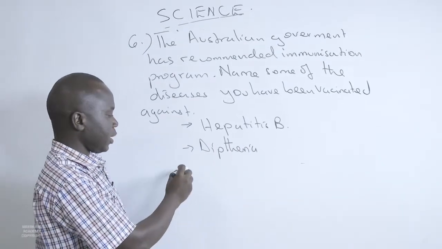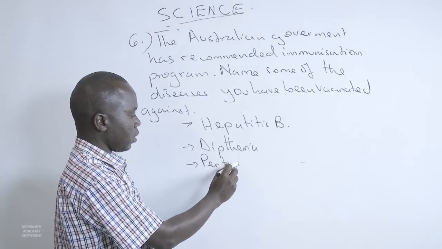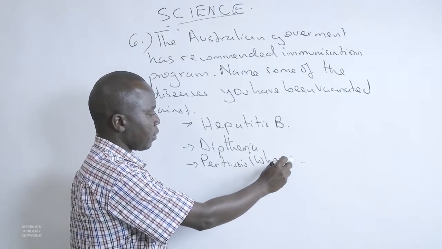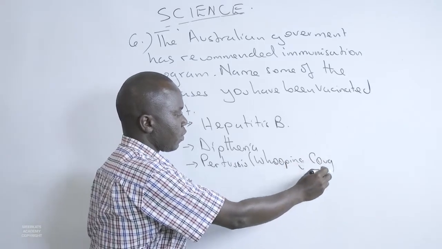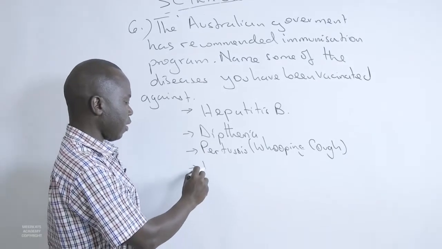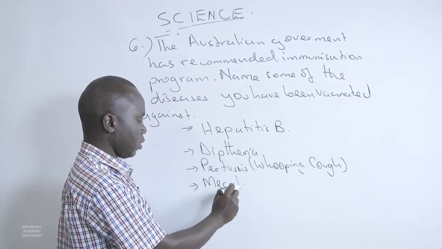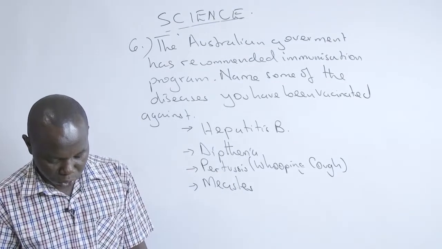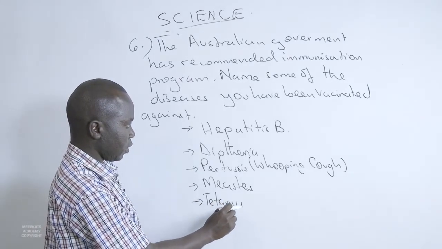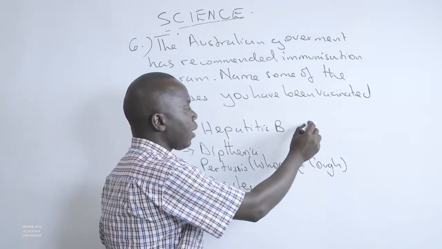We have pertussis, another name is whooping cough. Commonly vaccinated again, we have measles, tetanus. We have rubella.